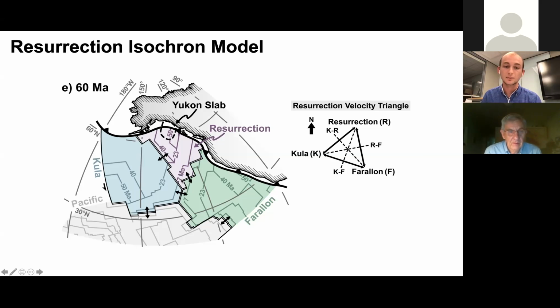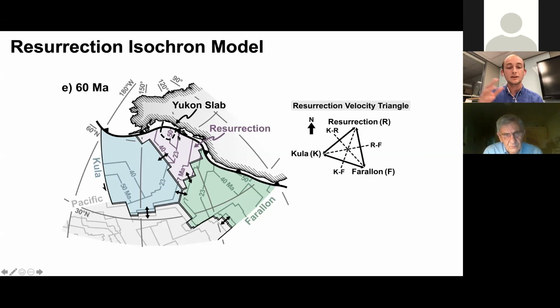These seafloor isochrons that I've drawn here have their associated ages, which are the ages at 60 Ma. So this isochron, for example, was 7 million years old at 60 Ma, and this other one was 23 Ma.